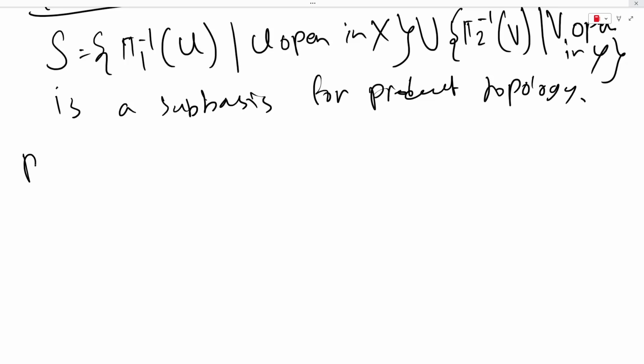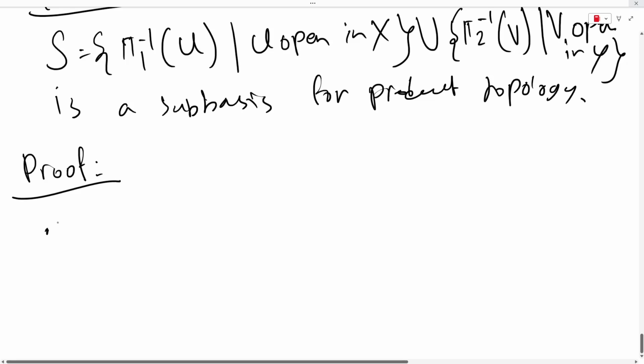So here is our proof. Let tau be the product topology.